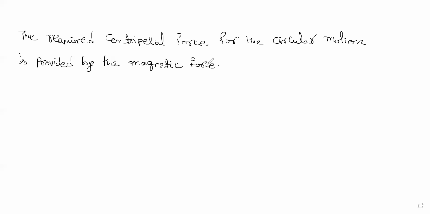Just now I told you the centripetal force, the velocity is the perpendicular component of velocity. So we write m v perpendicular square by r, assuming the radius of the circular path is r, is nothing but b q v. That is, q is the charge of the particle, v into v. So this is the expression which you have to remember.